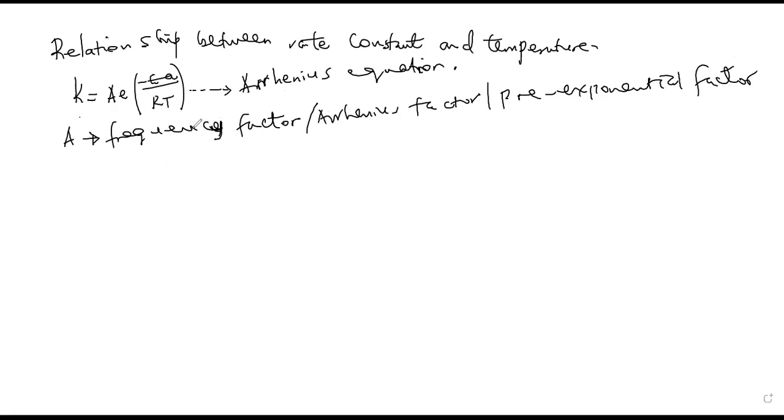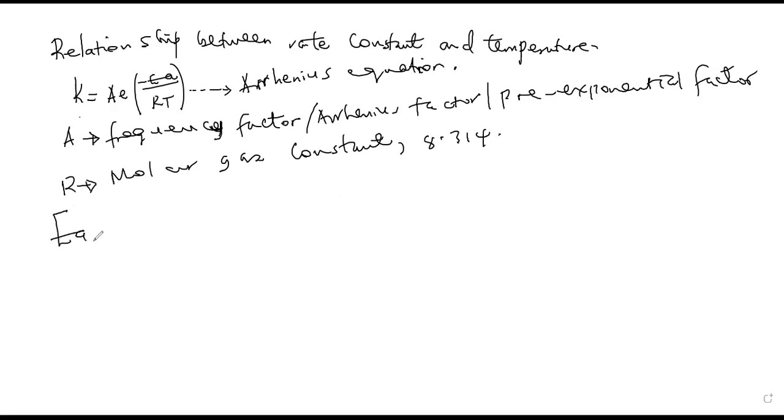What else to define? R is the molar gas constant, and specifically we shall use 8.314 for calculations. EA is the activation energy.